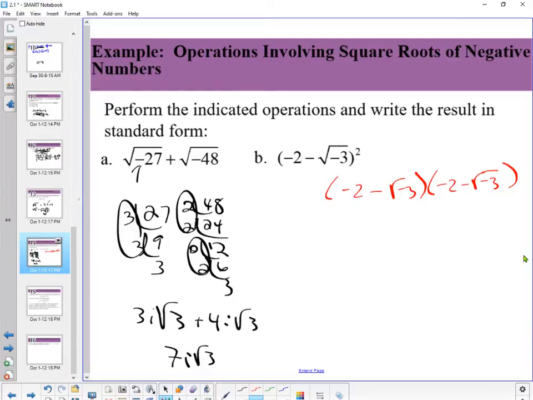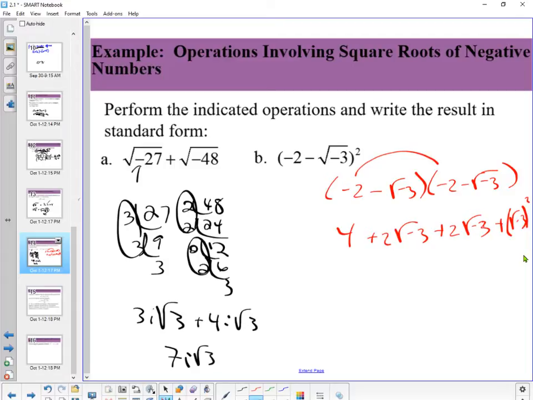Alright, so we're going to have 4 plus 2 radical negative 3 plus 2 radical negative 3 plus radical negative 3 squared. Correct? Are we good there on the last one?